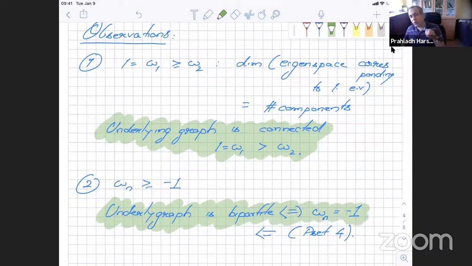In problem set 2, you did this for the adjacency matrix: mu n equals -mu 1 if and only if the graph is bipartite was one of the problems. This is going to be the corresponding thing for not just the adjacency matrix, even the random walk matrix will have the same property.